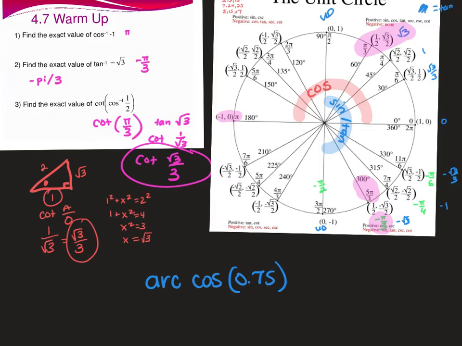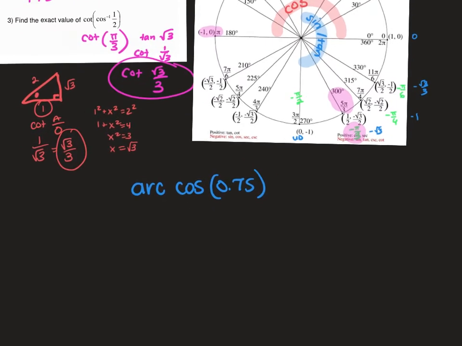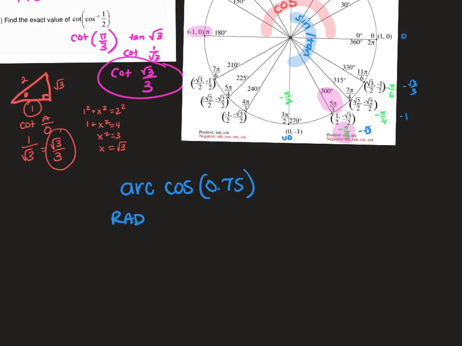Because this is inverse, what mode does my calculator need to be in for these questions? Radians. Good, radians. So I'm going to make sure it's in radians. And then there's no such thing as arc cosine on my calculator, so I'm going to do cosine inverse of 0.75, and I get 0.72727.